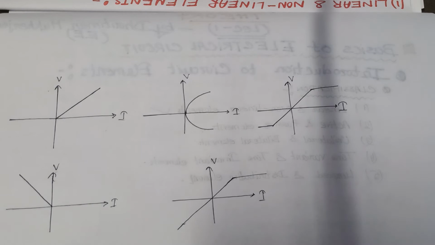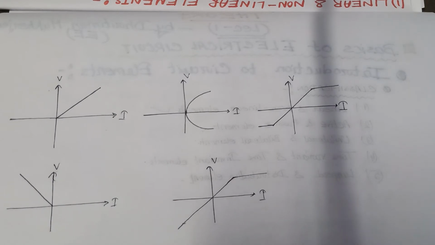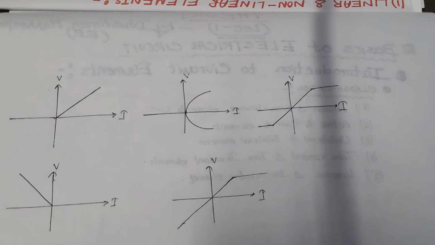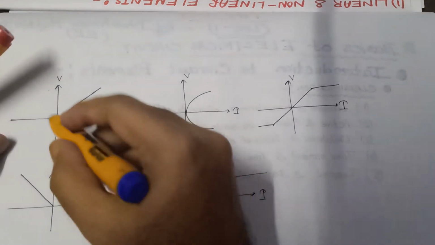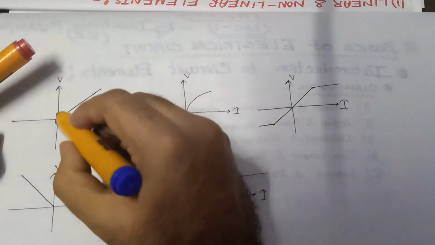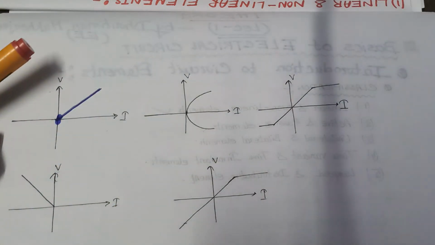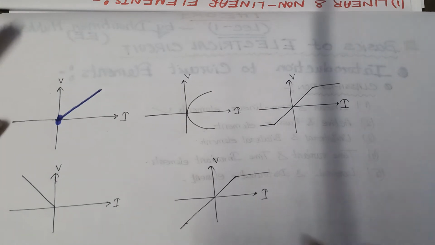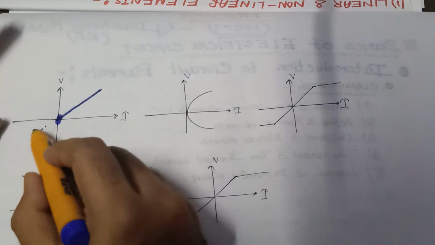Four examples I have taken here. In this first example, the straight line is passing through origin, and this is following only one equation of straight line, but not for all time, because there is no plot in the negative side.